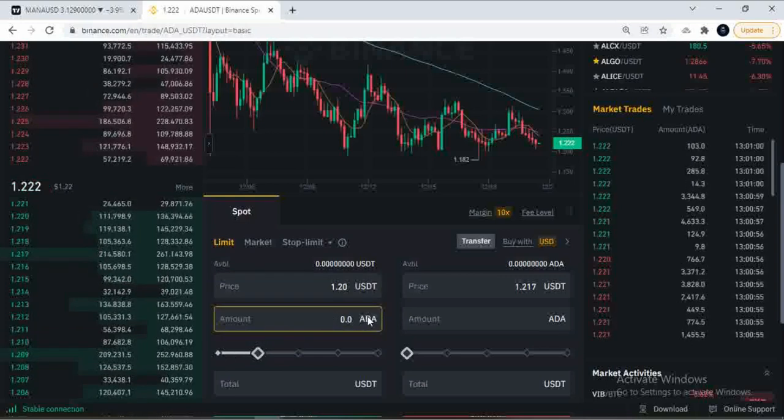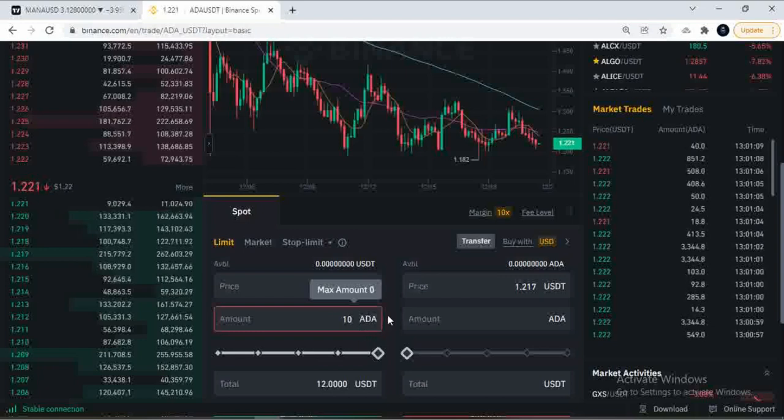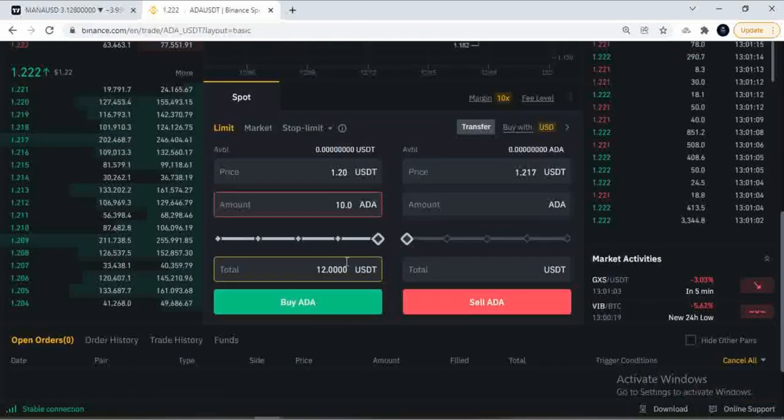Let's say I want to buy 10 at 1.2. I'll be expected to pay $12 to buy that quantity. Okay, you can just go ahead and click on buy.